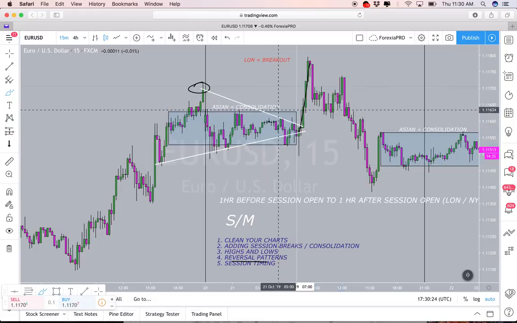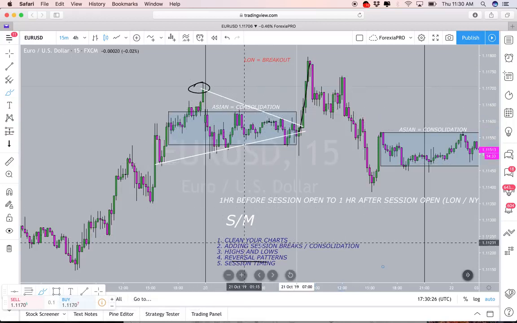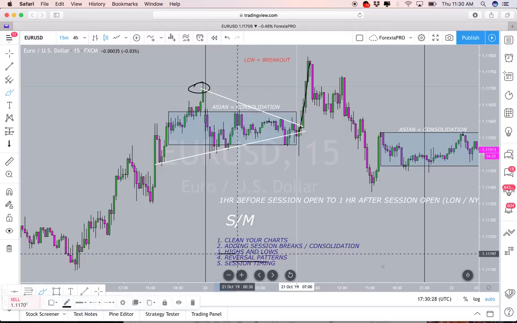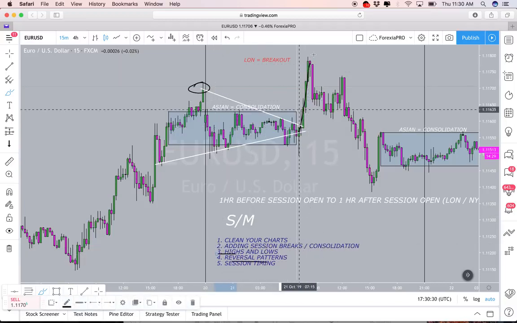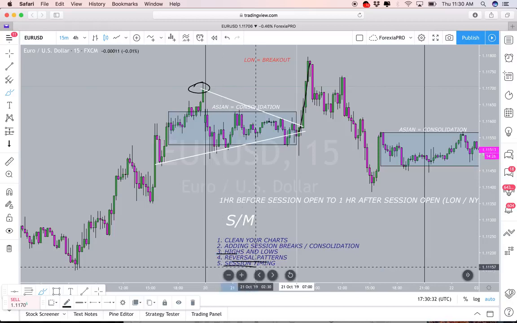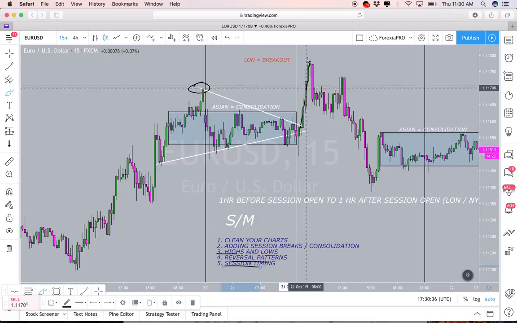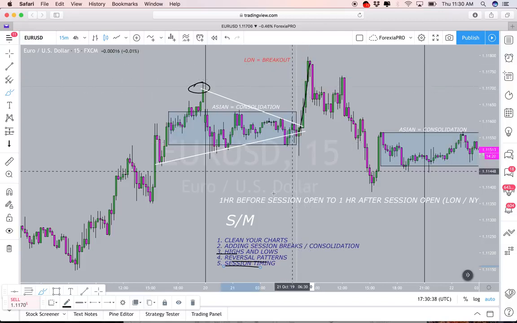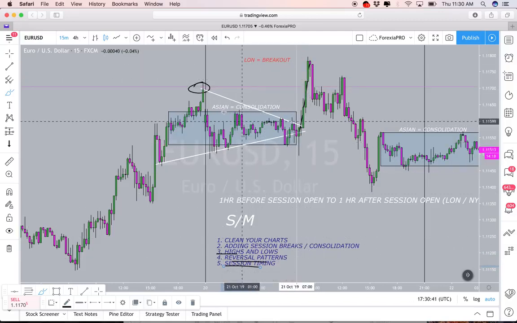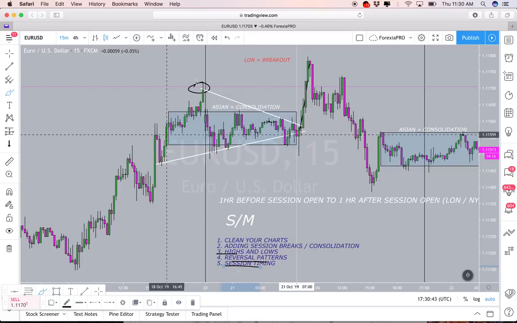Okay, this is all in combination. We have high and low. We're breaking off the high exactly an hour after London session. We're working the high, and we have multiple reversal patterns. We have the signature trade and an M formation.